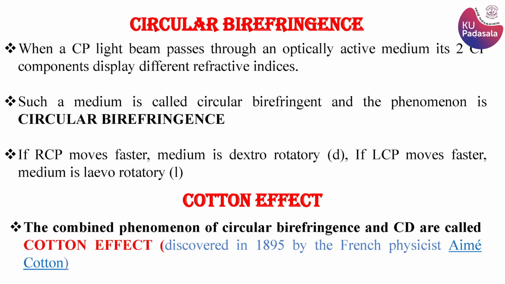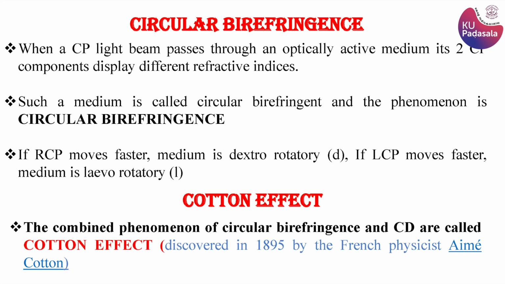In normal molecules there is no difference, but in optically active molecules the extent to which RCP bends will be different from the extent to which LCP bends. Then we say that the medium is circular birefringent and the phenomenon is circular birefringence.